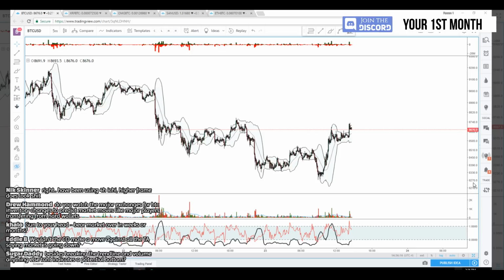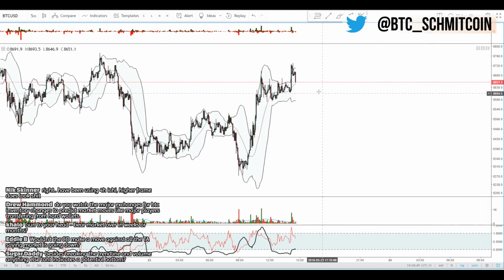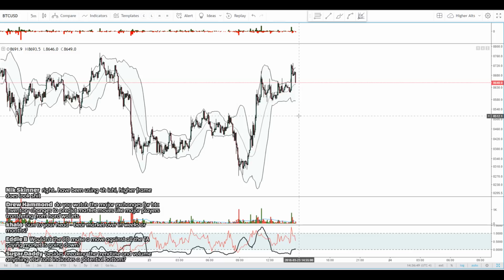This happens over and over again. So that's why I'm saying this little bull pennant, I think this is the highest it's going to go, and ultimately it's going to retrace downward. Right as I said that, it dropped down a little bit, and we're seeing a 100% retrace of that move.